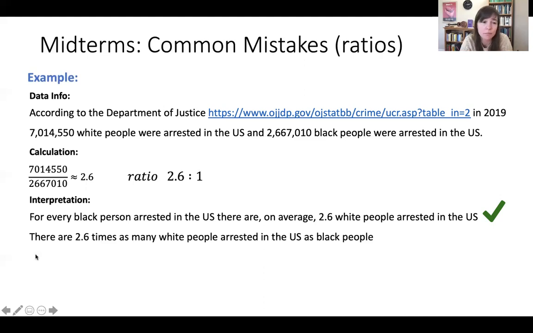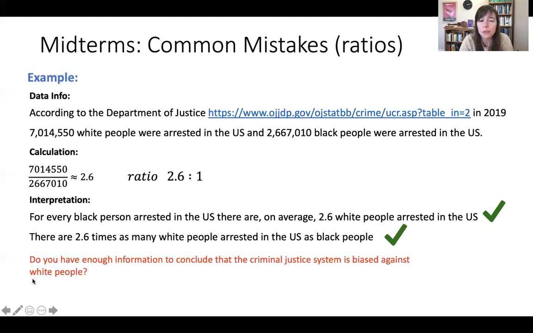How about this? There are 2.6 times as many white people arrested in the US as Black people. Also true. That's what this is saying. So do you have enough information to conclude that the criminal justice system is biased against white people, since there are 2.6 times as many white people arrested in the US as Black people?